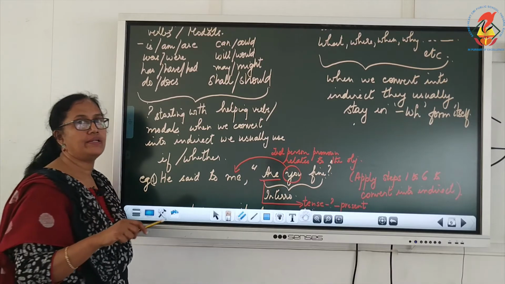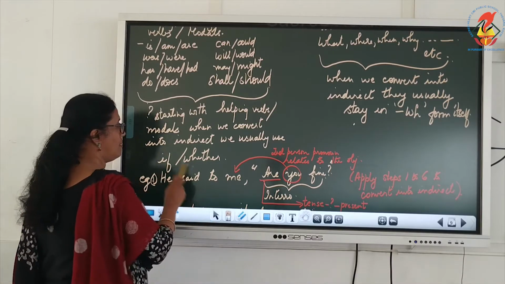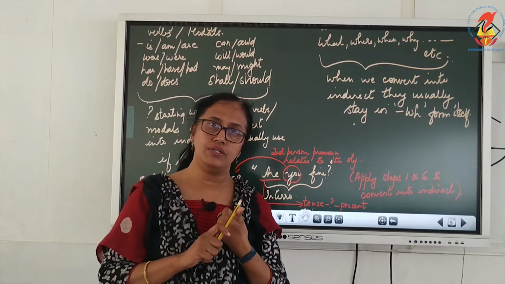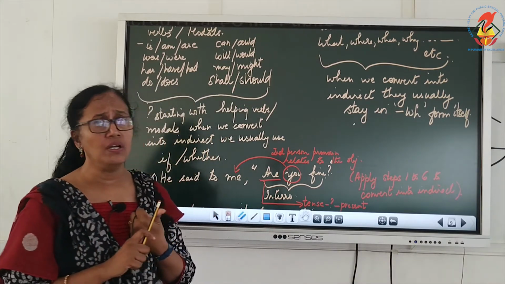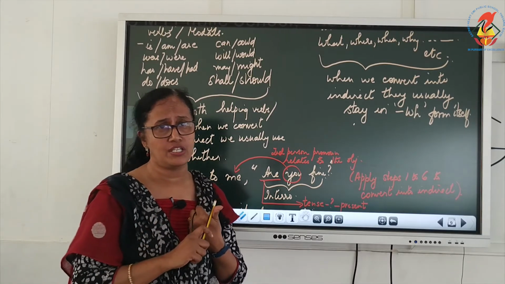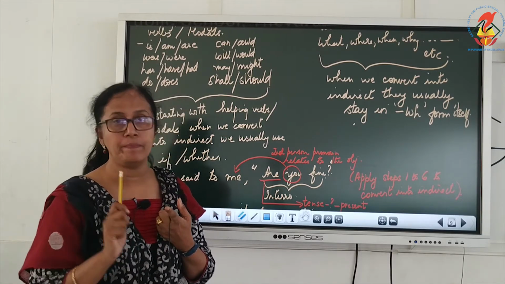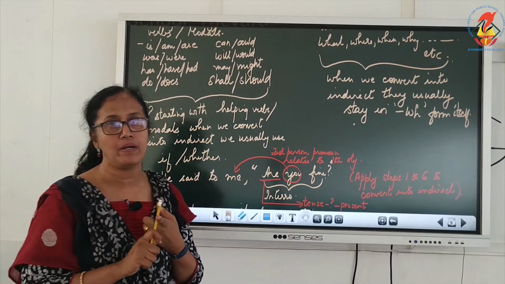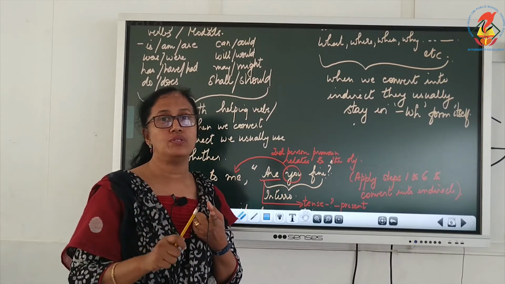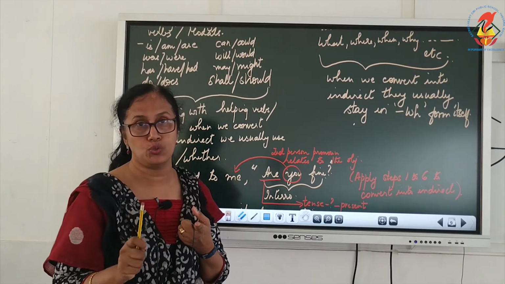Remember, when you did assertive sentences, you could change it using the conjunction that. But when we did imperative sentences, we cannot use the conjunction that. We use the infinitive to.